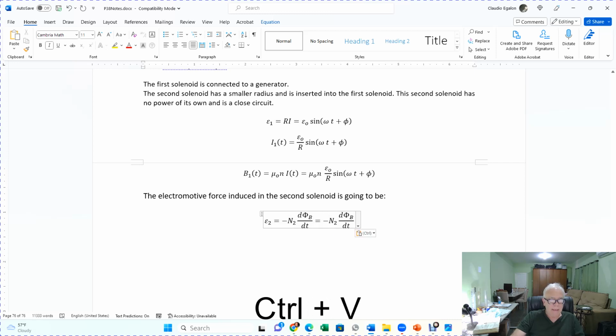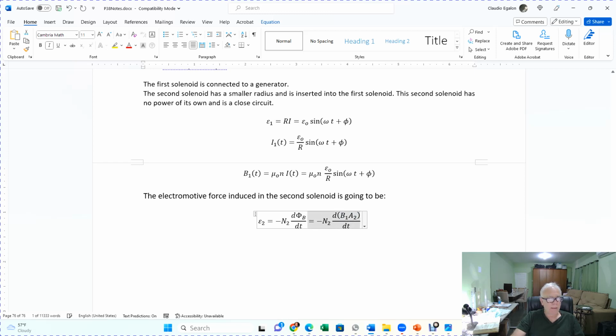Because the magnetic field is not dependent on the position, we can go ahead and write down that the magnetic flux is going to be B times A. And by the way, it's going to be the magnetic field of 1 times the area of 2, because that's the magnetic flux through the second solenoid, right?